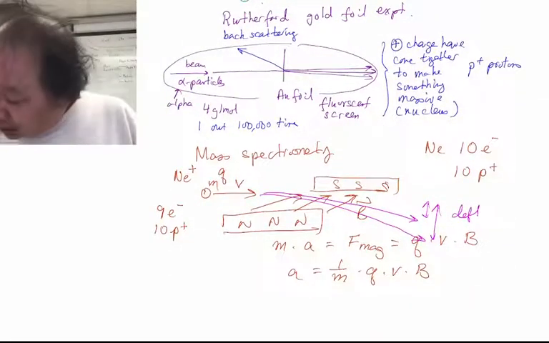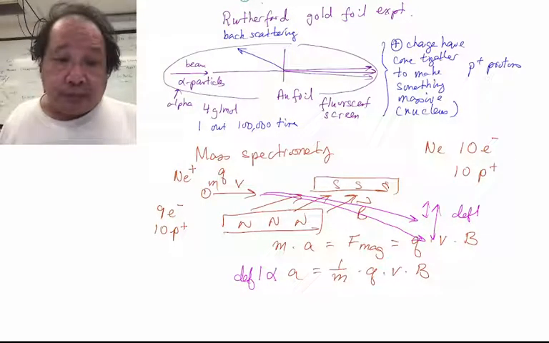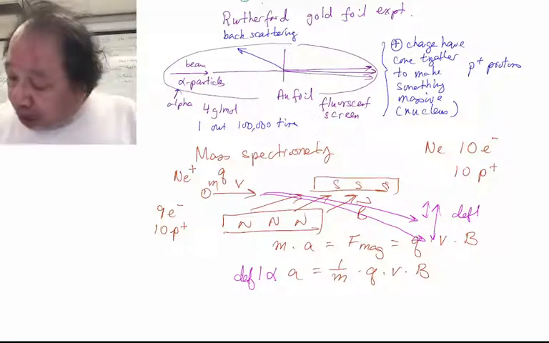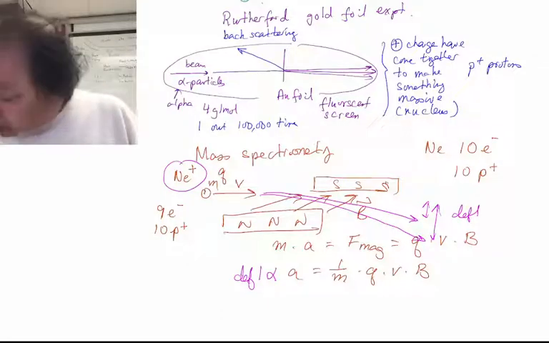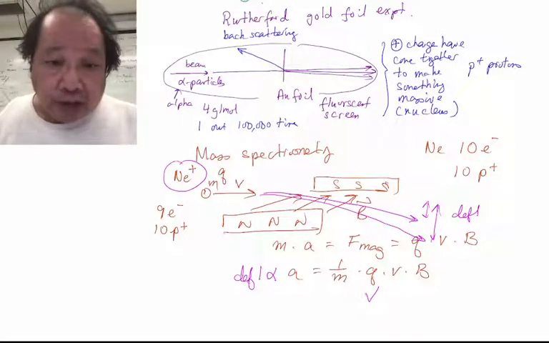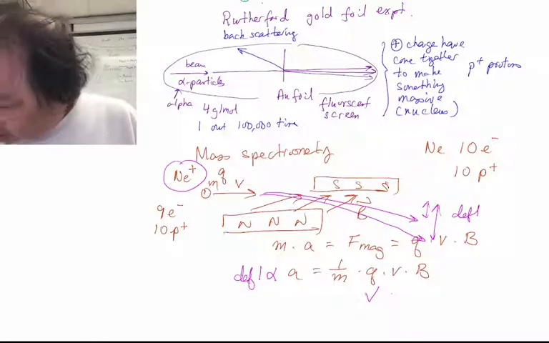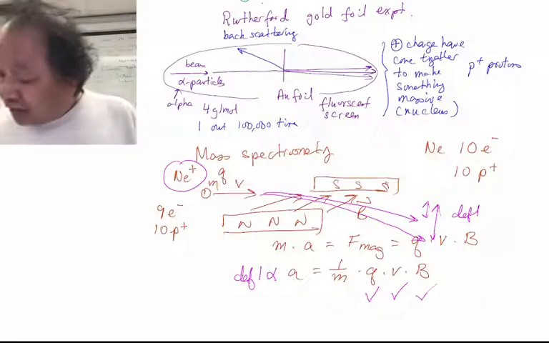Deflection is proportional to acceleration. We know that it's all neon plus. They're all the same number of charges. The charges are the same for all the neons. We've designed the experiment so the neon plus charges are moving at the same velocity. They're moving through the same magnetic field.